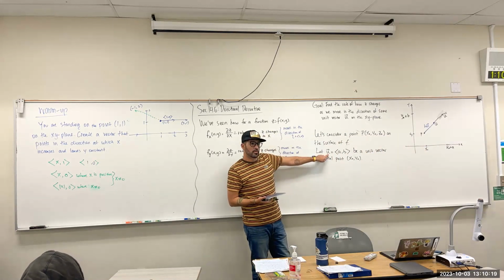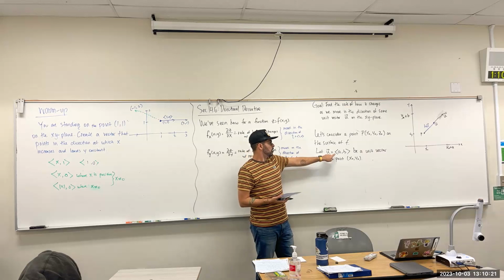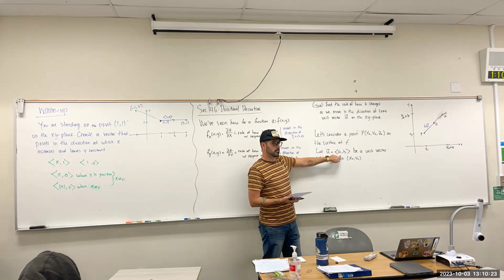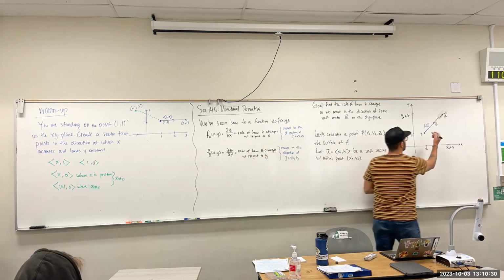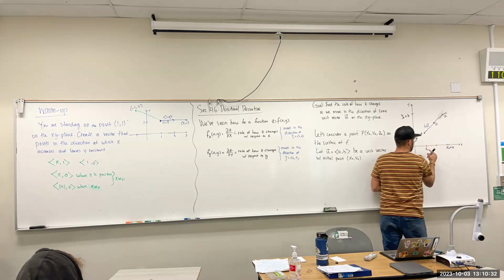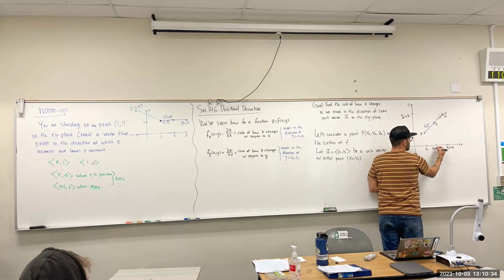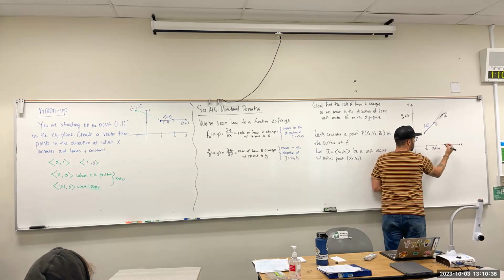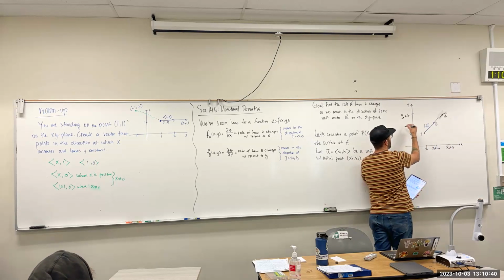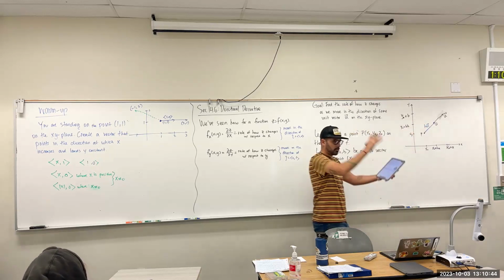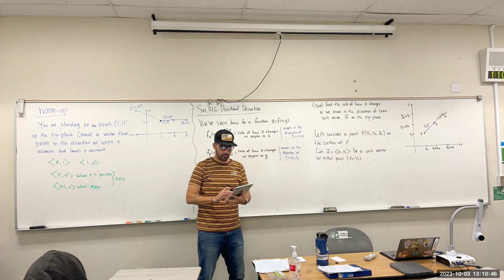What are the components of h times u going to look like? ha and hb. So the x component here is still x naught, but now I'm adding ha, and the y component is y naught, but now it's being added by hb. So that's the zoomed in version of what's happening on the xy plane.